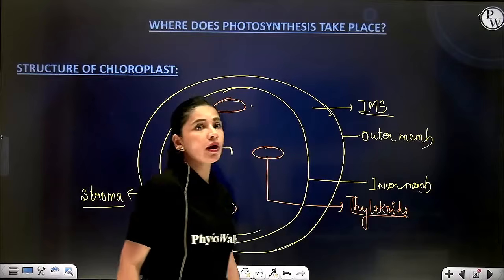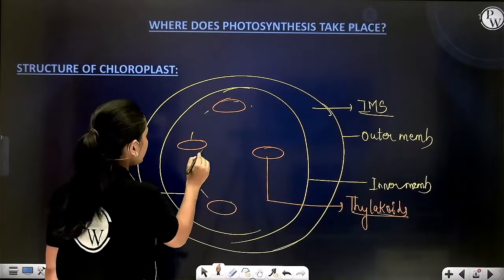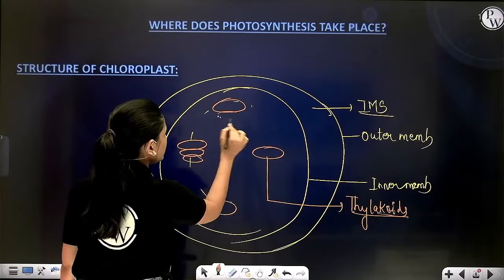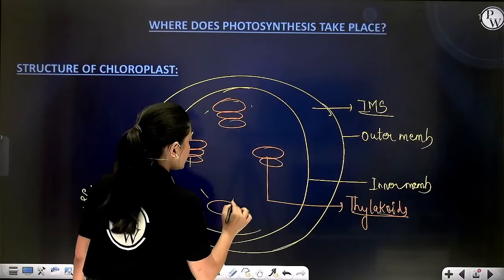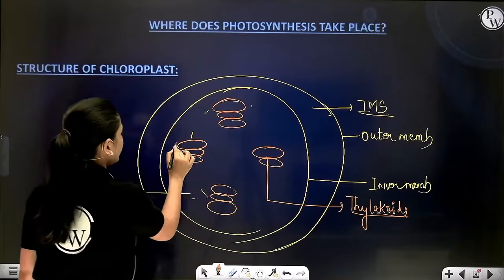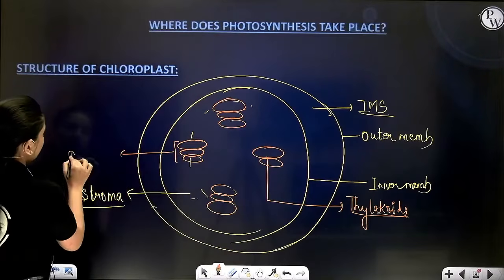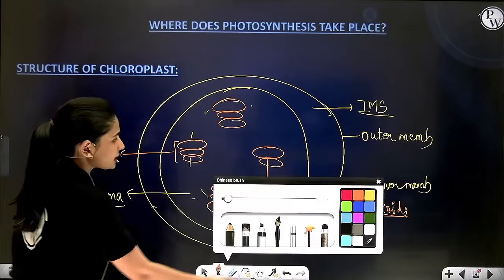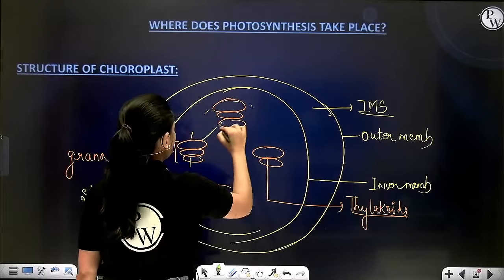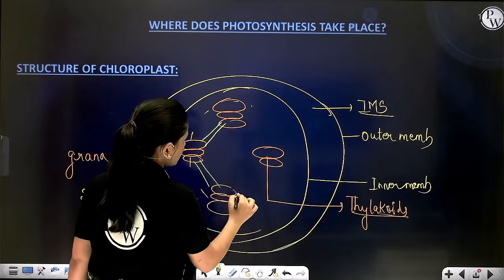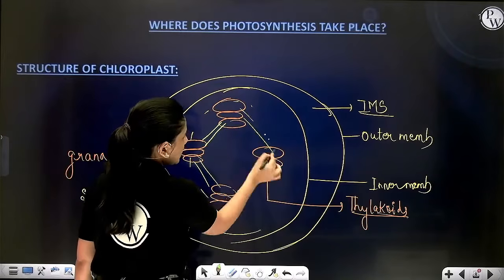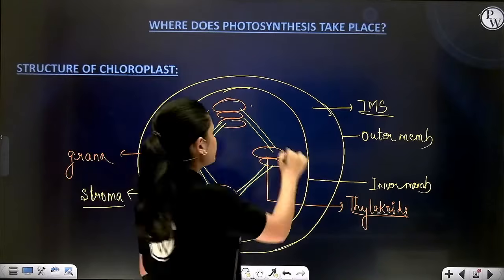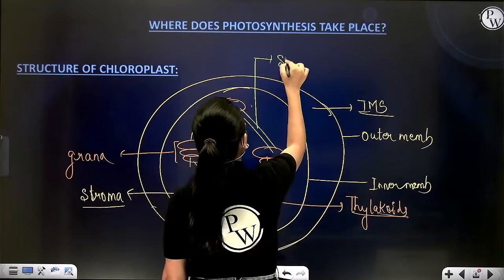Usually, thylakoids are present in piles. They are placed one above the other. These piles of thylakoid is known as grana, which are interconnected to each other with the help of structures called stroma lamella or fret channels.